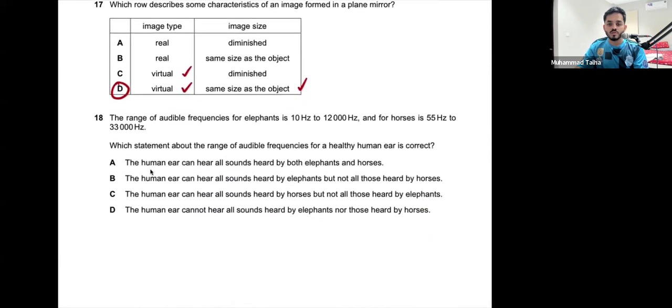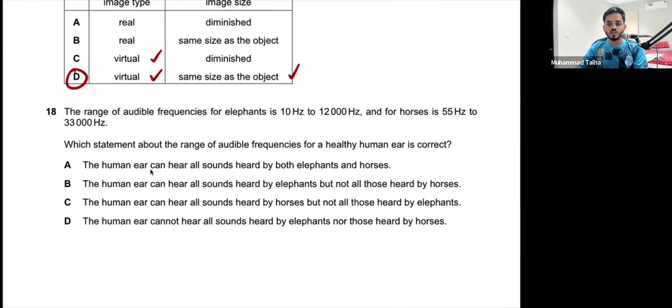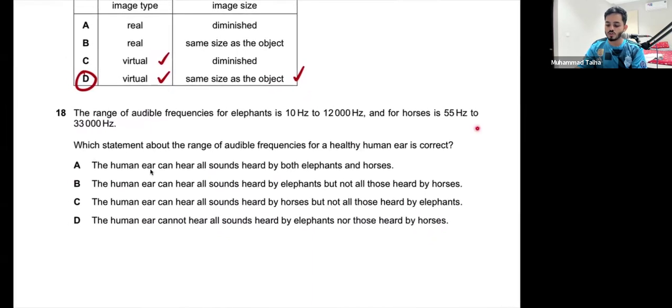Range of audible frequencies for elephants is given, and the range of frequencies for horses is also given. Which statement about the range of audible frequencies for a healthy human ear is correct? Let's write down the audible frequency range for humans, which is this. A says the human ear can hear all sounds heard by both elephants and horses.